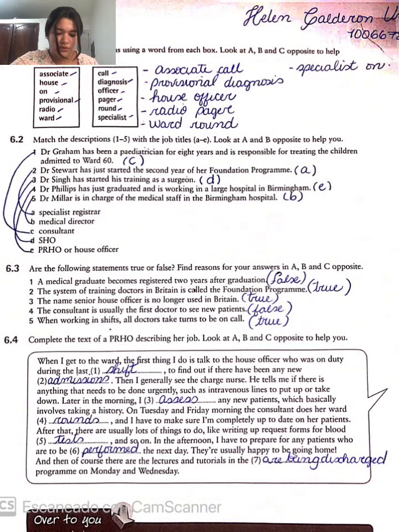This one is true. The last exercise says: complete the text of a PRHO describing her job. Look at A, B, and C opposite to help you. When I get to the ward, the first thing I do is talk to the house officer who was on duty during the last shift to find out if there have been any new admissions. Then I generally see the charge nurse.